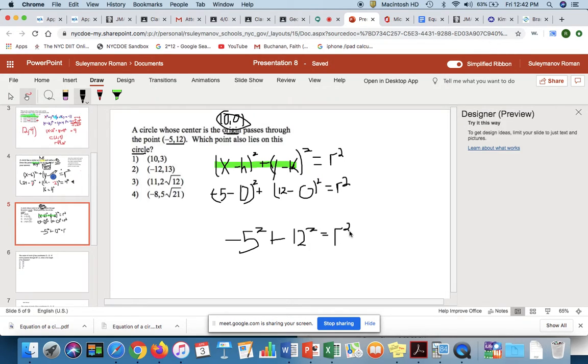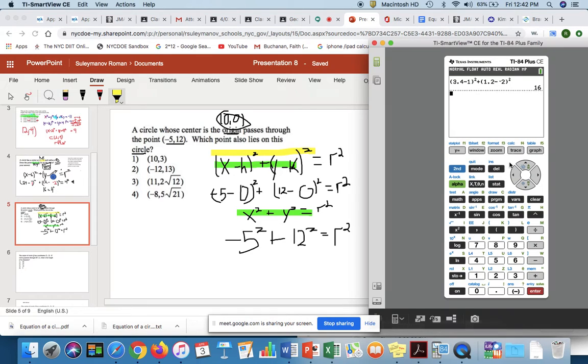So if you have the origin as your center, the other formula is x squared plus y squared equals r squared, and that's just because h and k are 0. You don't have to memorize both formulas. I'm just going to re-highlight this one in yellow, because if you know this one, you know both. So your goal is to figure out the radius squared.